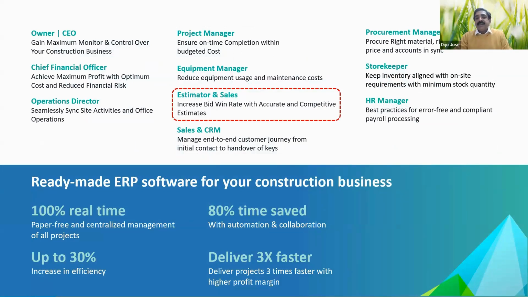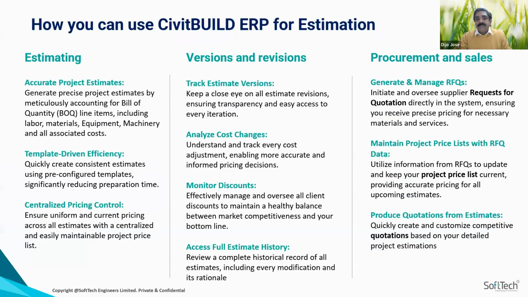As I explained in the previous slides, each module pertains to specific stakeholders within the organization. But today, as we are focusing on bid management or the estimation module, our focus is on how an estimator or even the sales team can benefit from the CivitBuild bid management module.